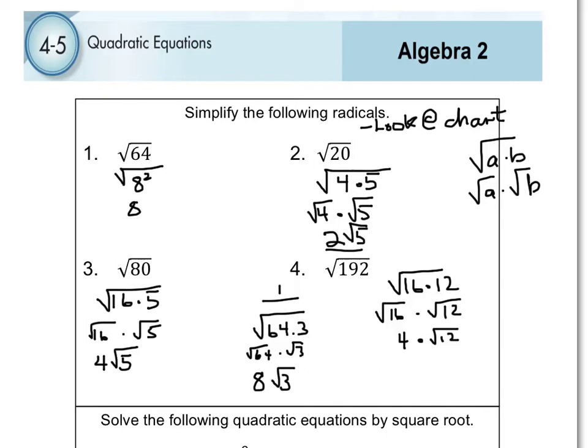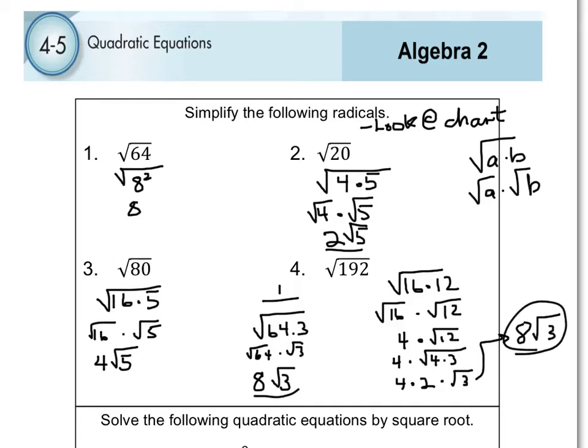What perfect square goes into 12? Well, that's 4. So 4 times the square root of 4 times 3. The square root of 4 is 2, so I end up with 4 times 2. That moves it to the outside, times the square root of 3, which gives me 8 times the square root of 3. Again, either way, you get the same answer.